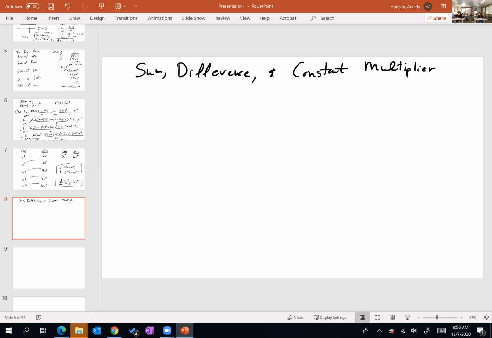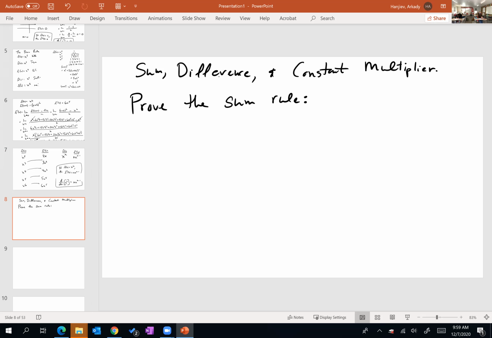And let's do one of them. We could do all three, but let's just do one of them, maybe the easiest one to do. Let's prove some differentiation rules. Let's prove the sum rule, and then we'll do the other ones here. So what is the sum rule saying?